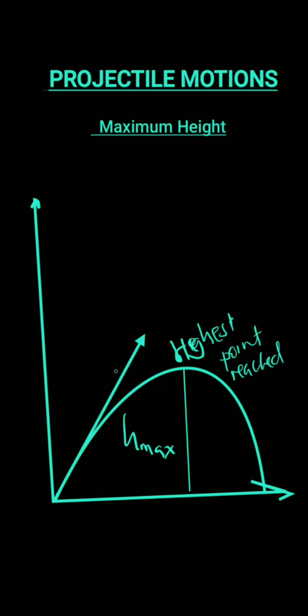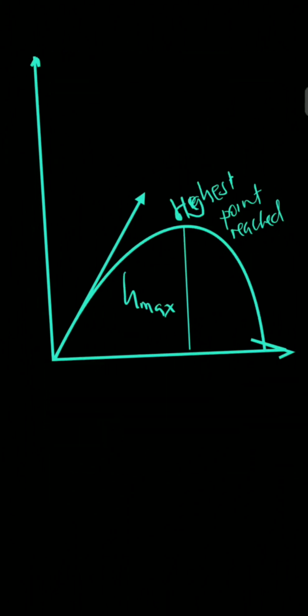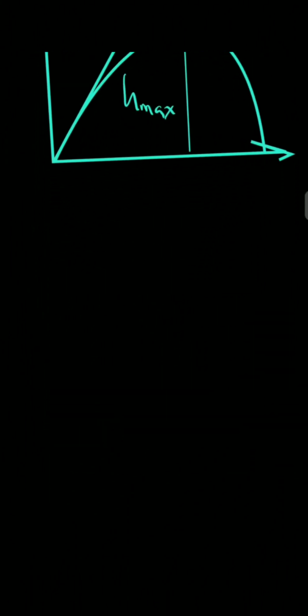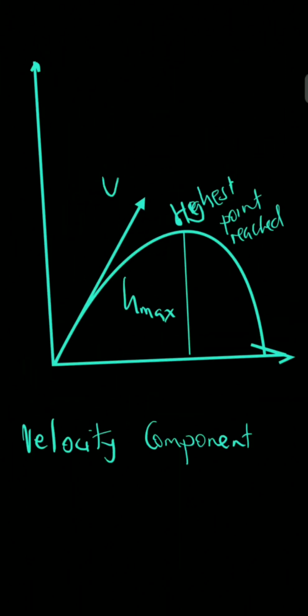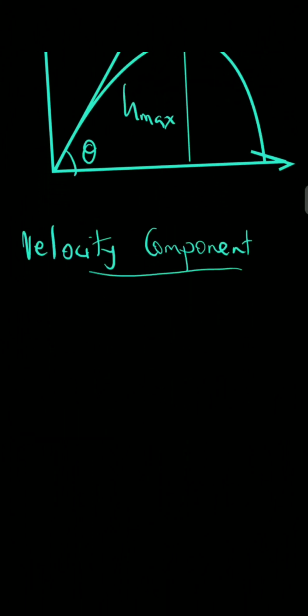All right, before we look at this maximum height, let's consider the velocity components that we looked at in our previous video. If you've not yet watched that video, please do so, as it is the reference point for this video. So let u be the speed at which the particle is moving, and theta be the angle of projection. We'll look at the x components first.